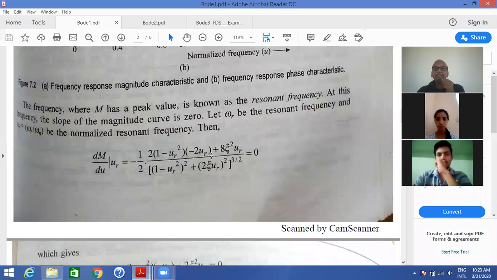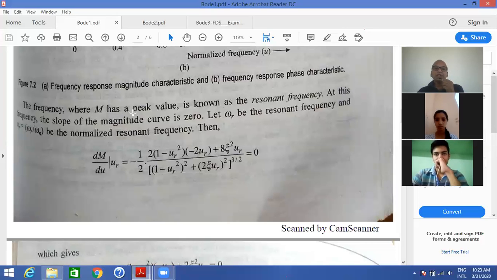This equation, if you try to recall in the case of time response analysis, rise time is the time required to reach 100% of its final value, and the initial slope of the curve is found by taking the derivative, and the derivative is equal to 0. Same thing in the case of frequency response analysis.